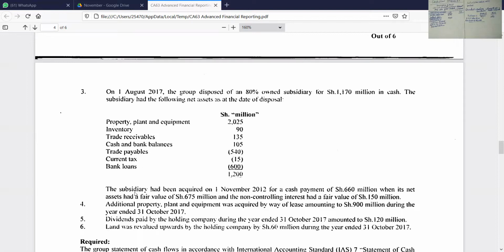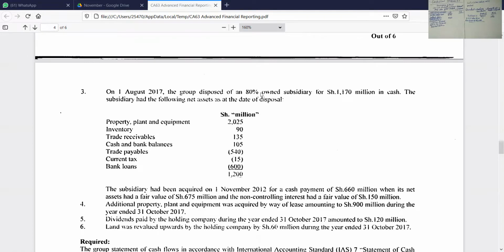The subsidiary had been acquired on 1st November 2012 for a cash payment of 660 million, and its net assets, remember this is the total value of the equity items, had a fair value of 675.